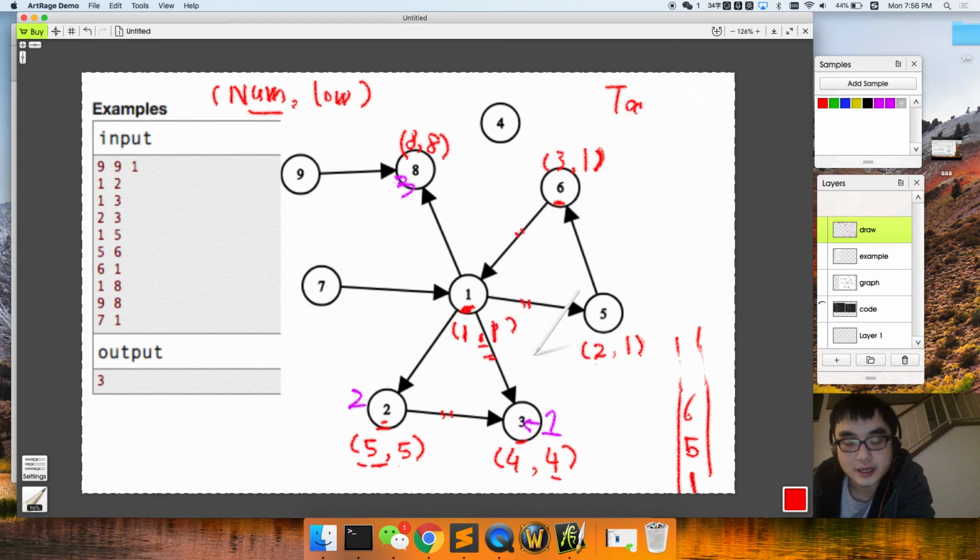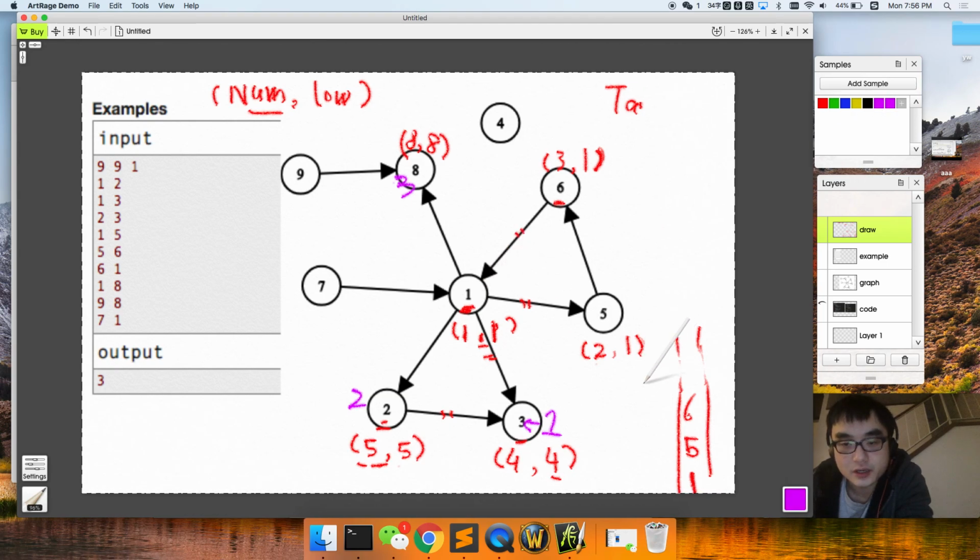Here is the most critical part. We need to make all of the numbers that come before the node belong to the same SCC, right?